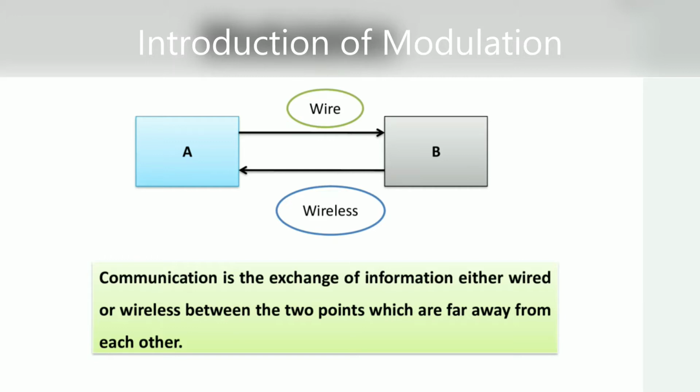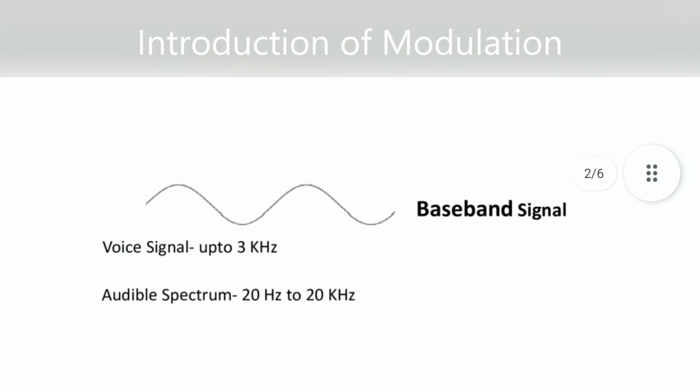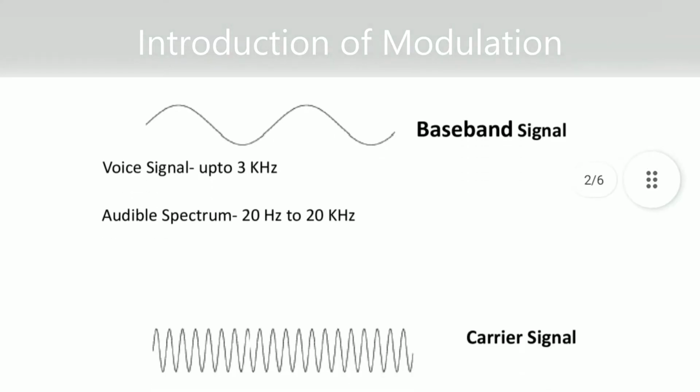If you consider the speech signal or human voice signal, it contains frequencies up to 3 kilohertz, and if you consider the entire audible spectrum, it varies from 20 hertz to 20 kilohertz.